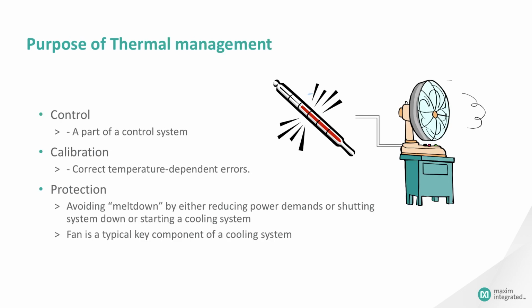Thermal management in electronic systems is done for one or more of three purposes. Control. Temperature data is an input to a large number of control systems. The control system may be as simple as an on-off thermostatic controller for room temperature, which activates a heater whenever the temperature drops below a specific threshold.